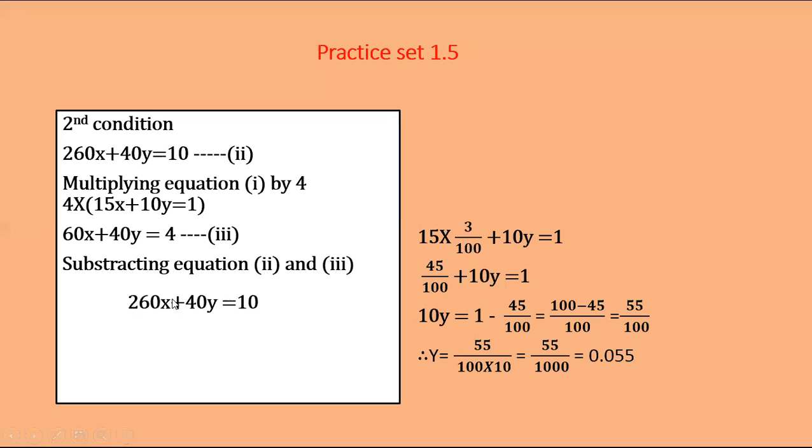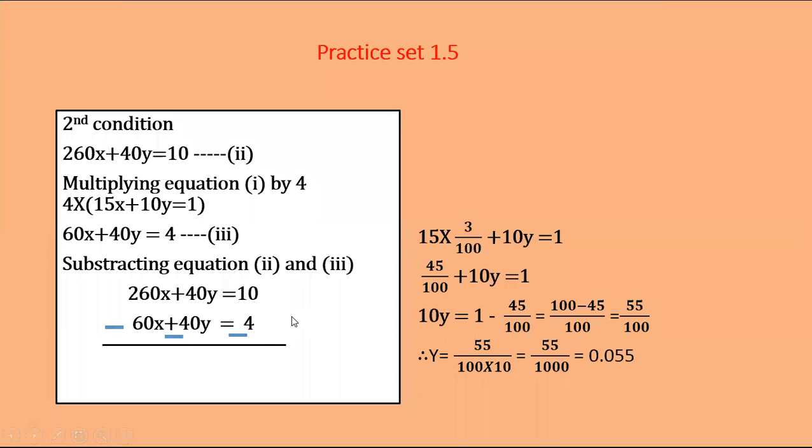Therefore 260x plus 40y is equal to 10 and 60x plus 40y is equal to 4. Subtracting, 260x minus 60x, plus 40y minus 40y, is equal to 10 minus 4. 40y minus 40y gets cancelled.